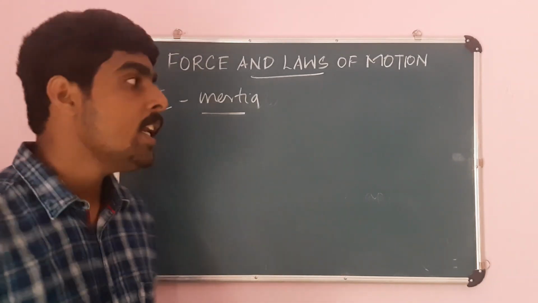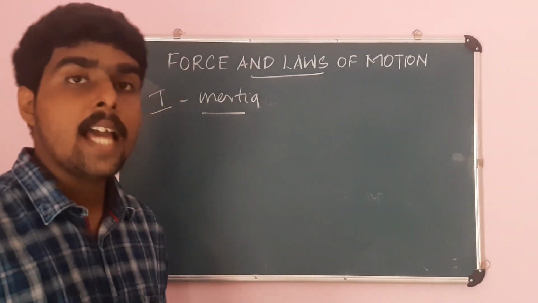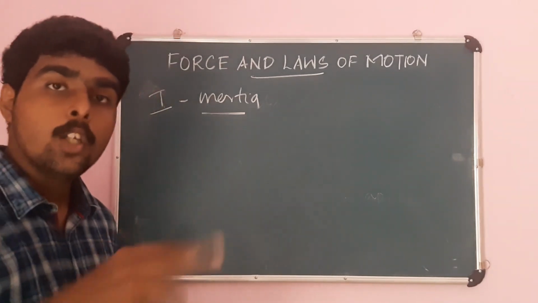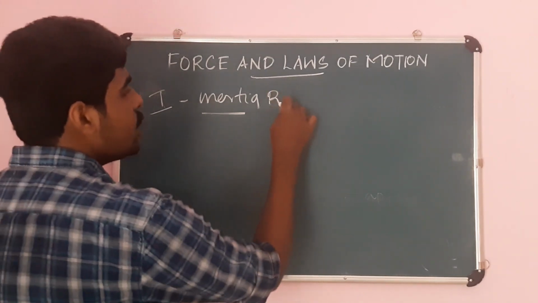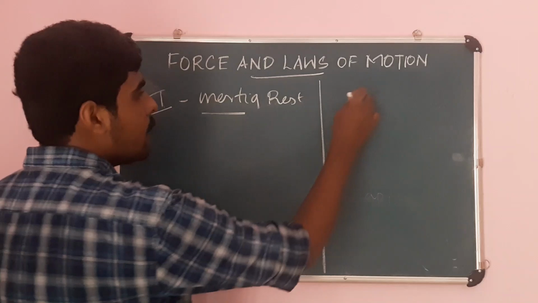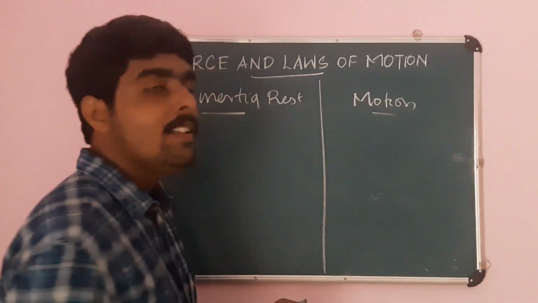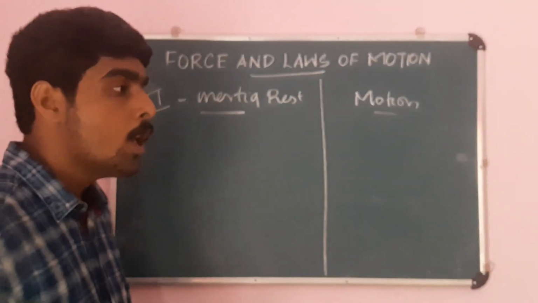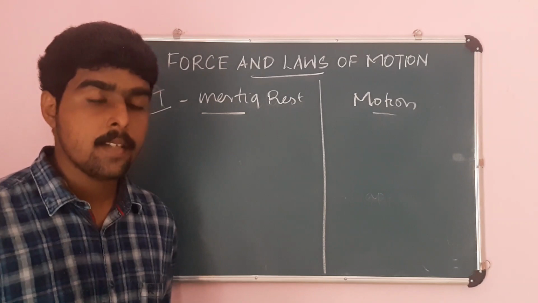So what is this inertia? I will show you with an example. We will take the inertia of rest and the inertia of motion. So we will take the two states and explain both of them. First, inertia of rest. The second, inertia of motion. Both of them I will explain with a small example. We will take the example that a person is sitting inside a bus.